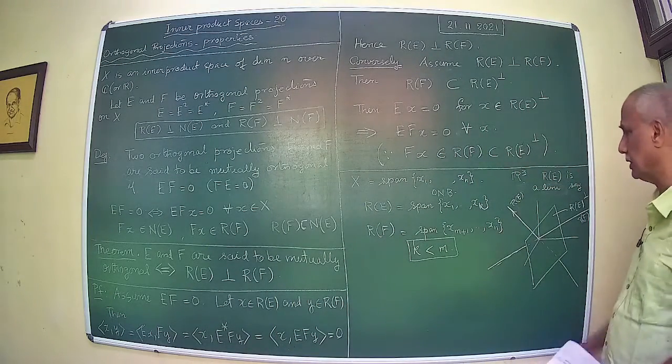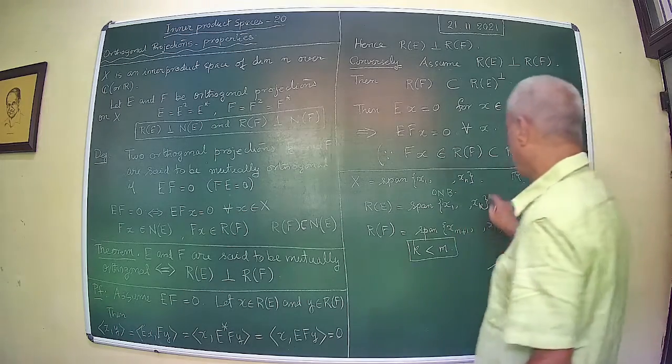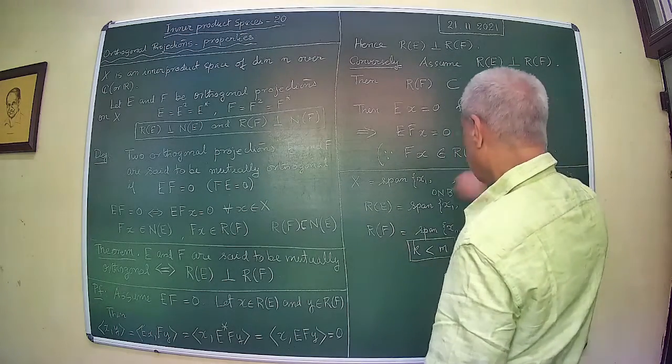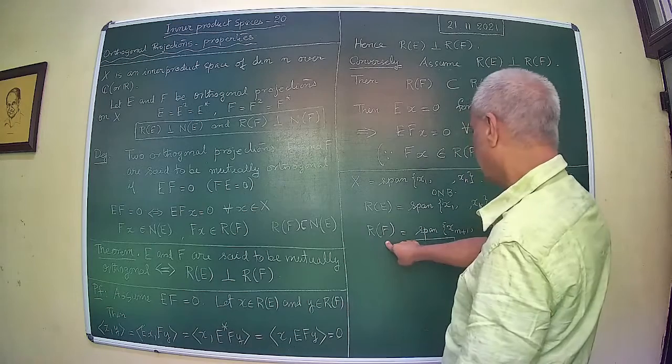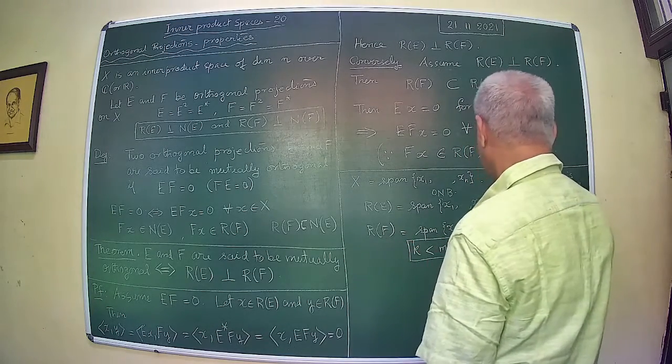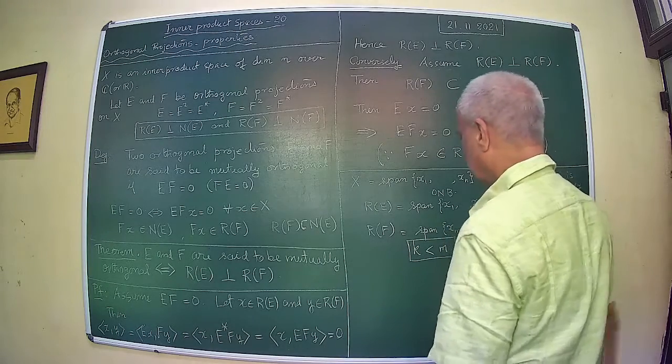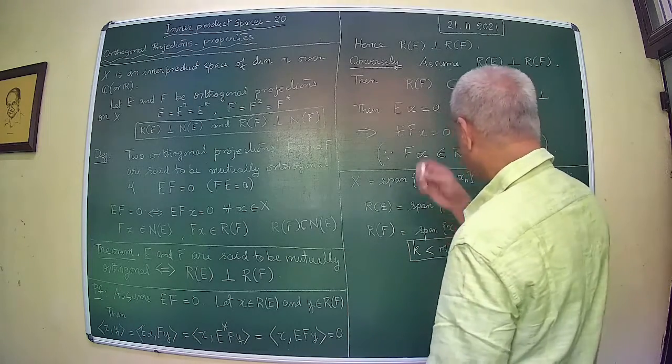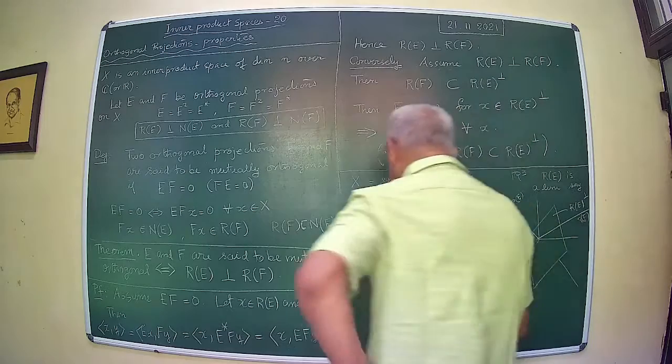Therefore, E is a projection to the space spanned by x1, x2, etc., xk. F is a projection to the space spanned by x(m+1), etc., xn.